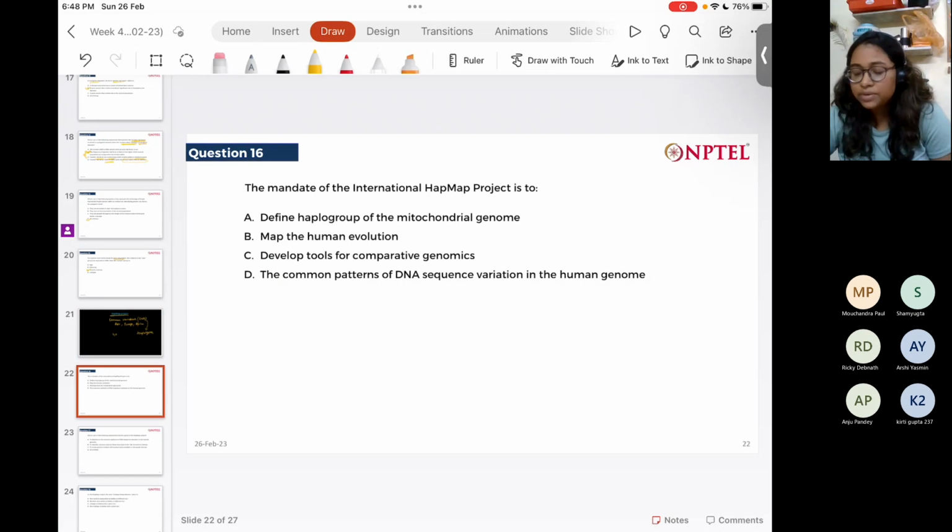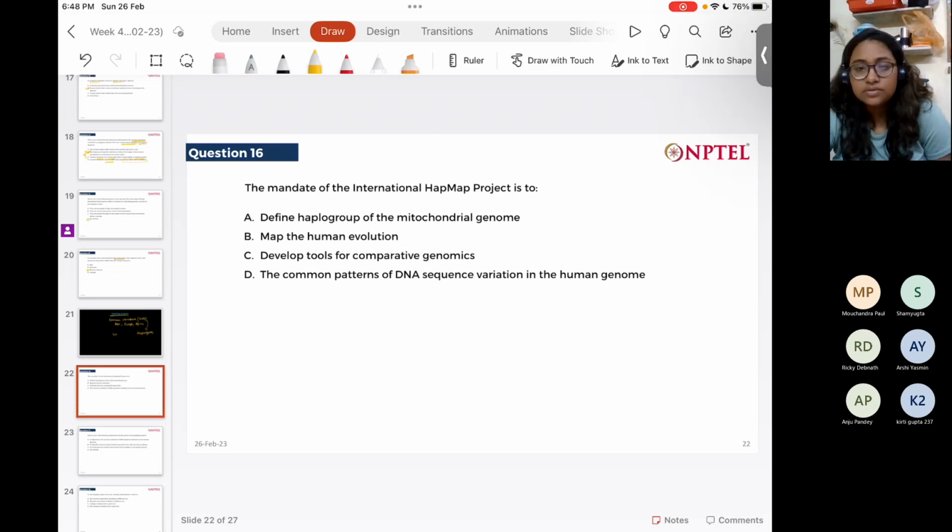So what is the mandate of the international HapMap project? First, is it to define the haplogroup of the mitochondrial genome? Was it to map the whole human evolution, or was it to develop the tools for comparative genomics, or was it to find out the common patterns of DNA sequence variation in the human genome?